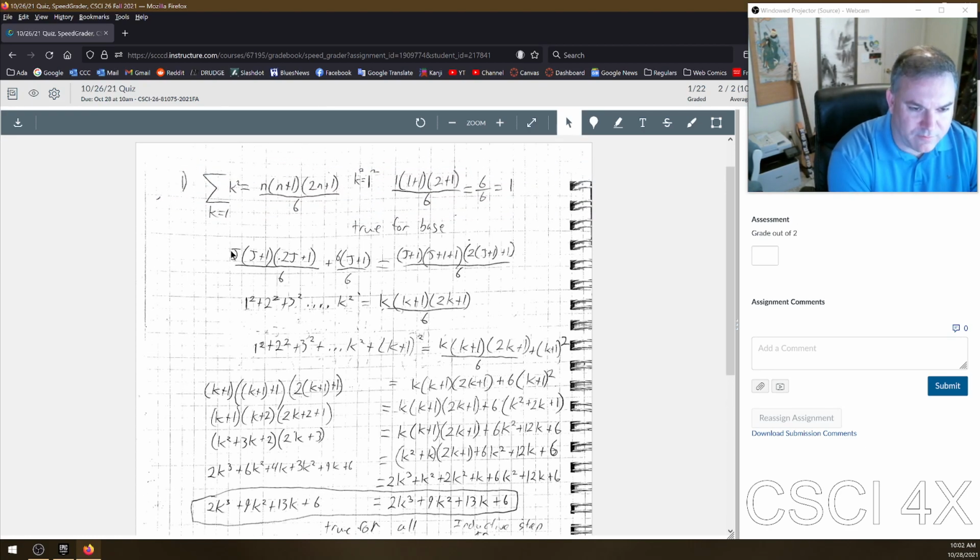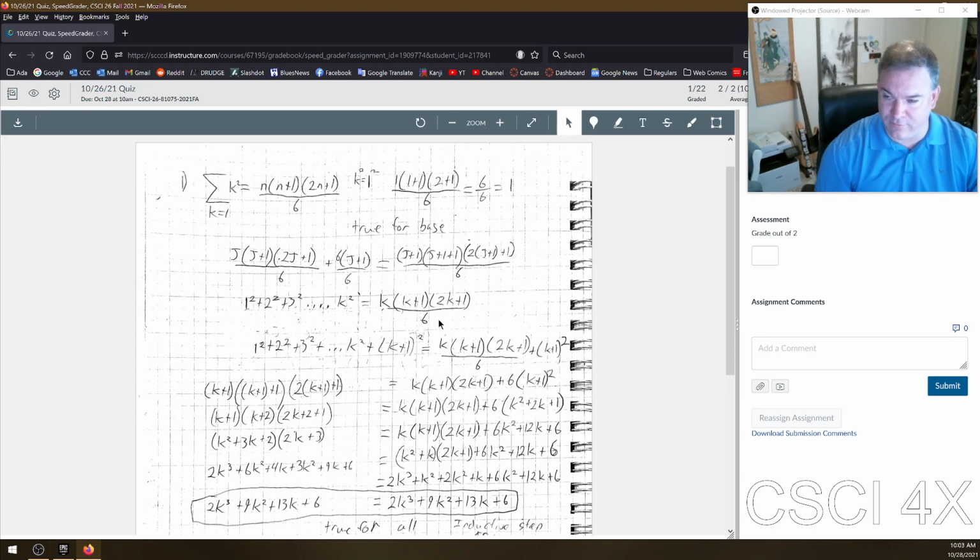Then for the inductive step, we've got j plus 1. So he's already done the substitution. I mean, this is how I would start, by setting it up like this. So we've got the base step proven, and then for the inductive step, we want to prove that this equals this.